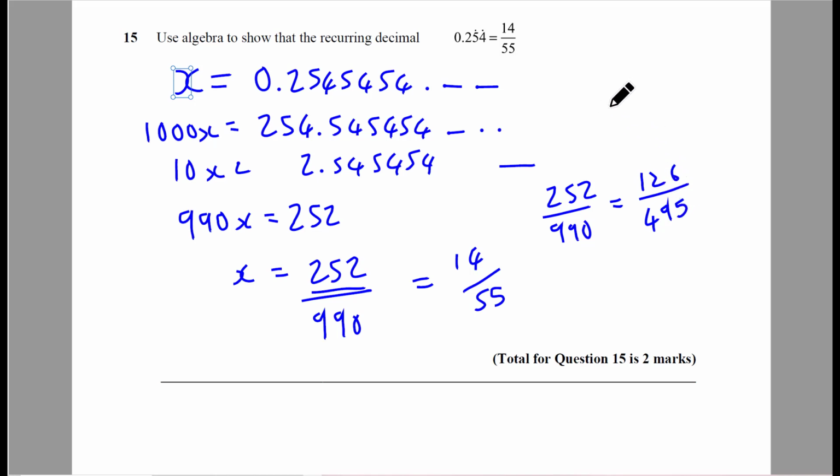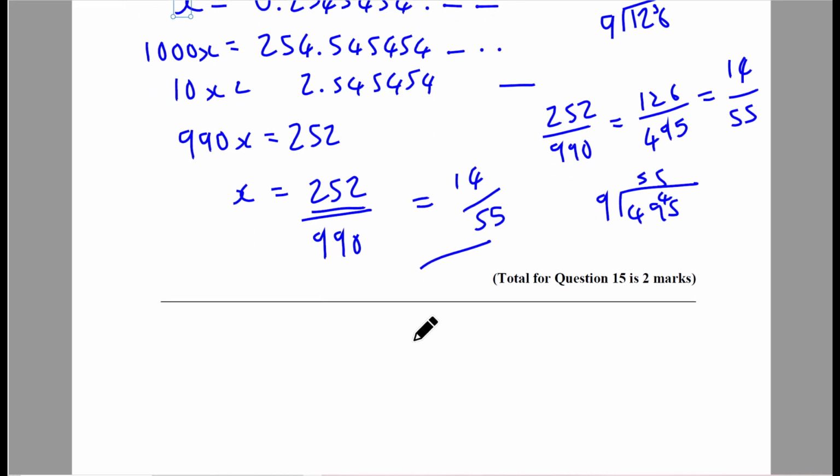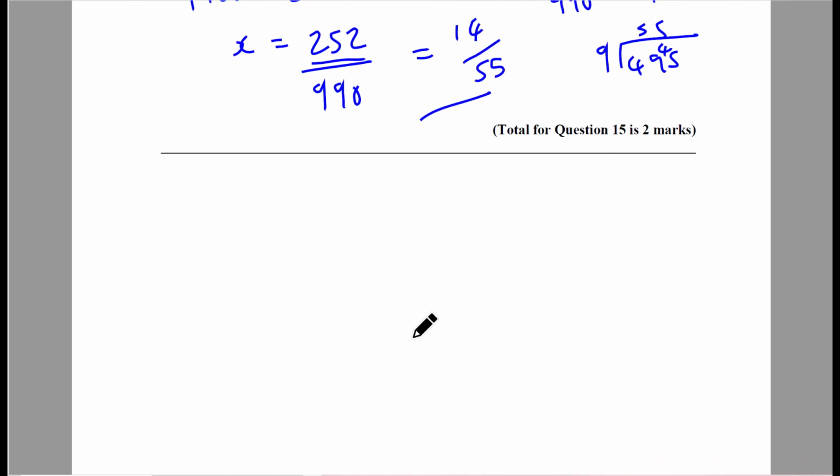I know this is divisible by 9, so it's going to go 9 into 126, that's 1, remainder 3, and that's 4, that's where we get the 14, and let's go 9 into 495, that's going to be 5, remainder 4, 5, and there we have it. But that should be enough, just showing up to there anyway, I think. And that's your easy 2 marks.